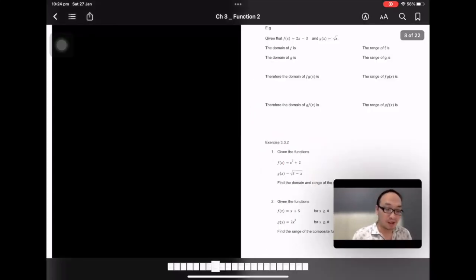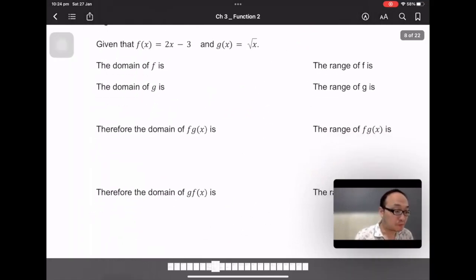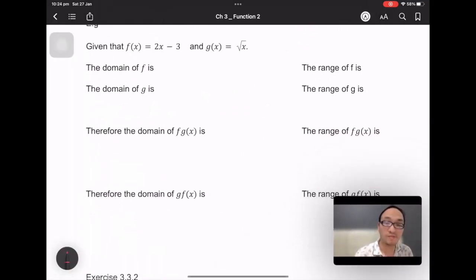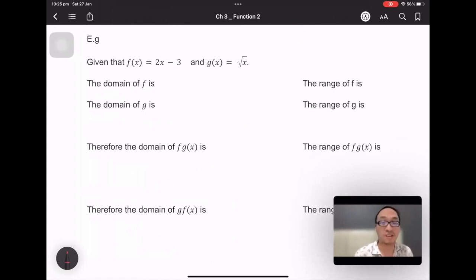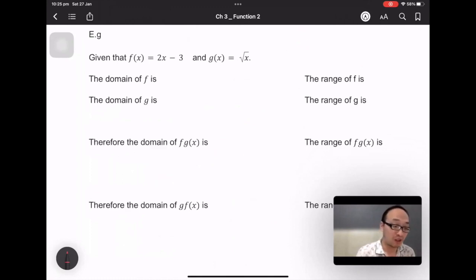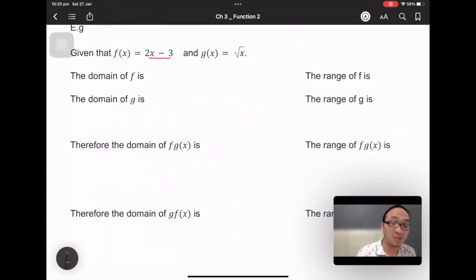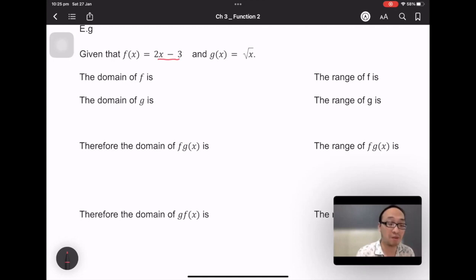Let's see the example. Given that f(x) is 2x minus 3 and g(x) is the square root of x. So we have to determine the domain of the respective function. The domain of f is a linear function, so the domain of f can be any number.